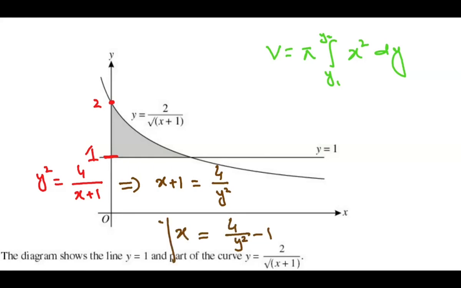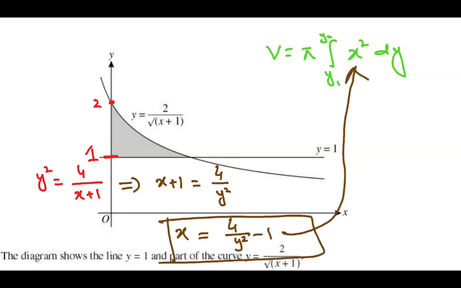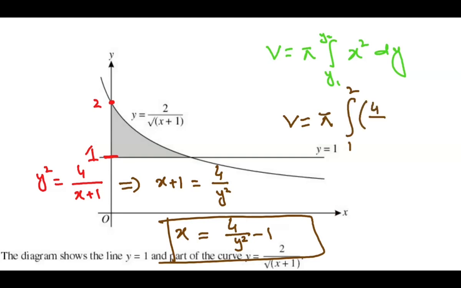So this is x. आप ये यहाँ पे x पुट करेंगे, so it means हमारे पास क्वेश्चन बन जाएगा वॉल्यूम is equal to pi limits 1 to 2 x square, meaning 4 over y square minus 1 whole square dy, और ये तकरीबन वही क्वेश्चन बन जाएगा जो भी हम ऑलमोस्ट.